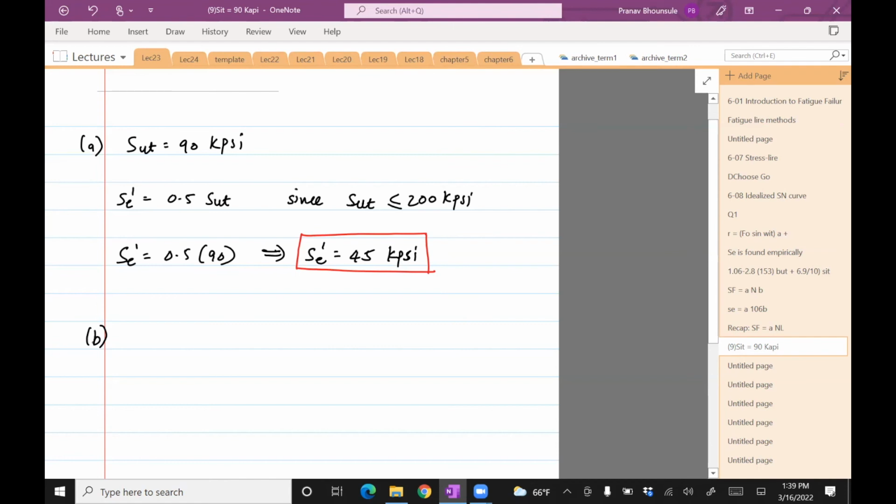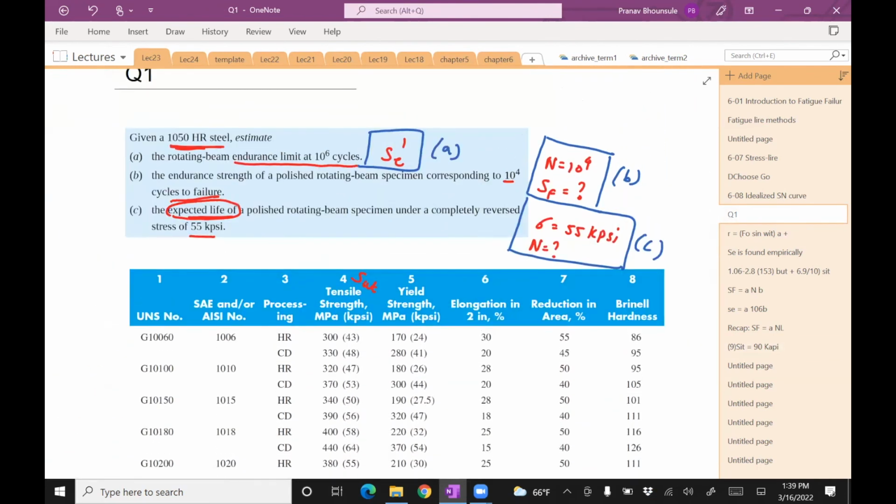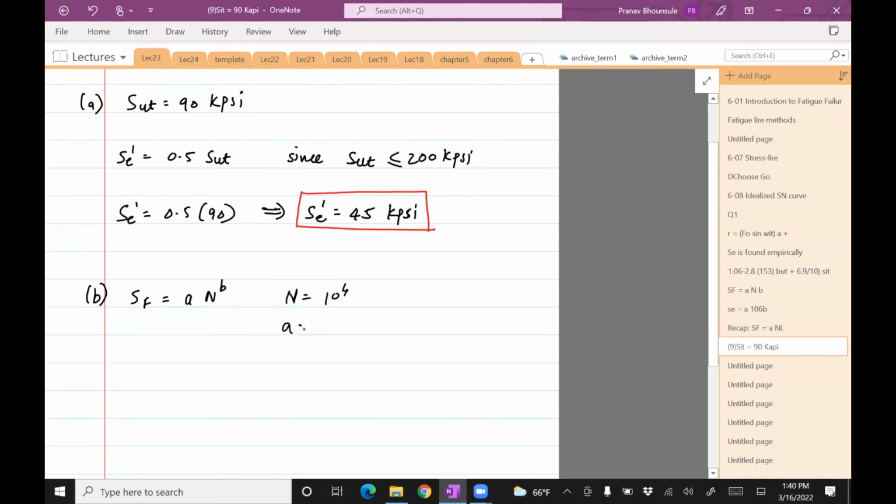So part B is asking us to compute SF for given N. So just use that formula, which goes as SF equals A times N raised to B. N is 10 raised to 4. A, just look up the value.